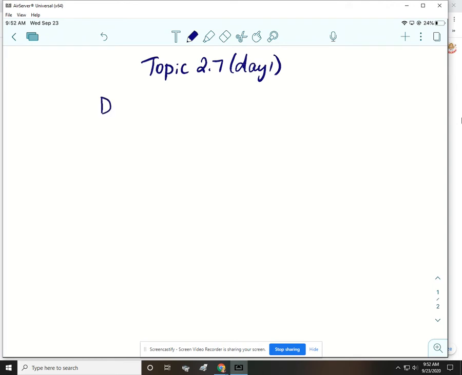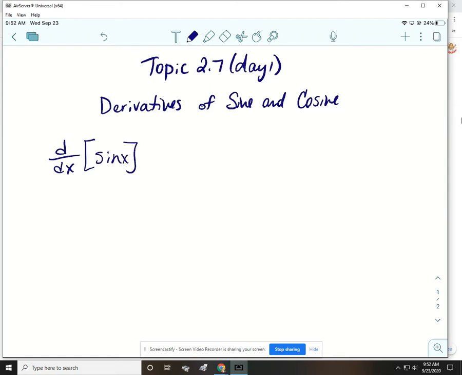So after doing the toothpick tangents, we have found that the derivative, d over dx of the sine of x, is equal to the cosine of x, and the derivative of cosine of x is equal to negative sine of x.